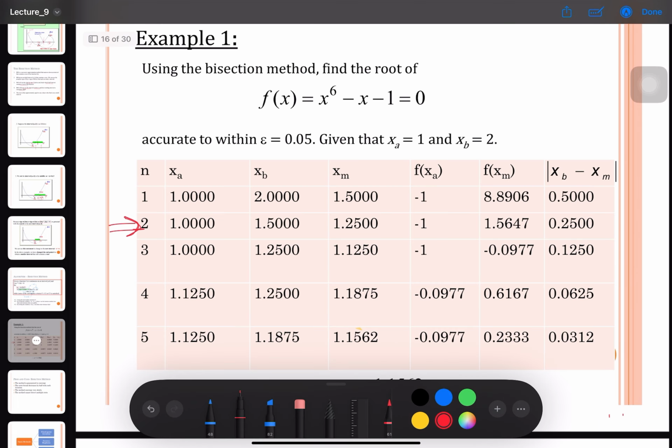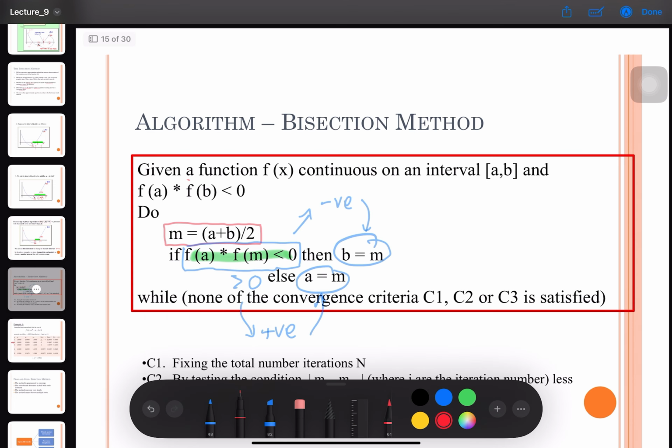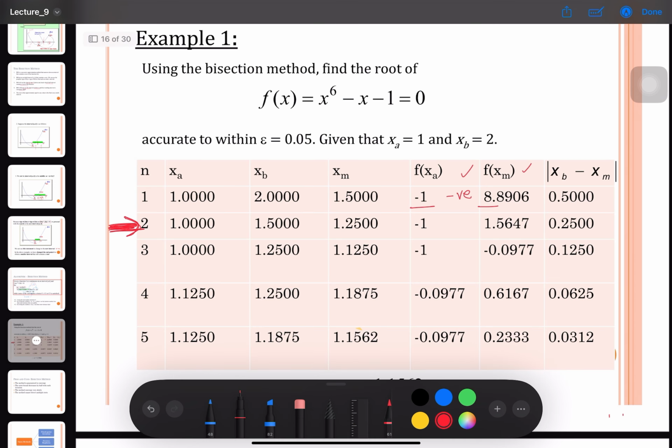Okay, let's see here. From your previous iteration, we are doing number 2. But look at your previous row. You have to check f(xa) times f(xm) here. This one is negative, this one is positive. Negative times positive, the answer will be negative. When your answer is negative, b = m.